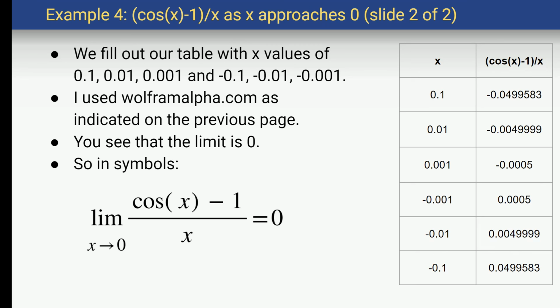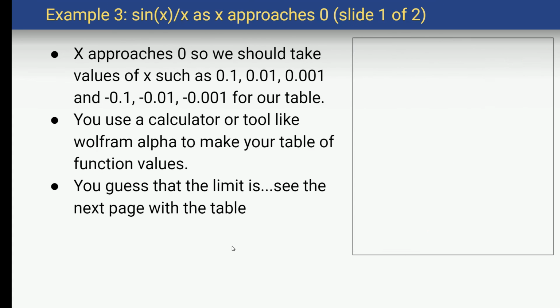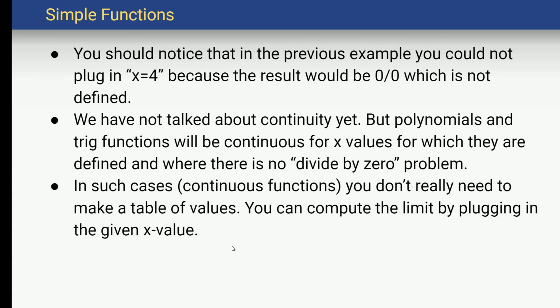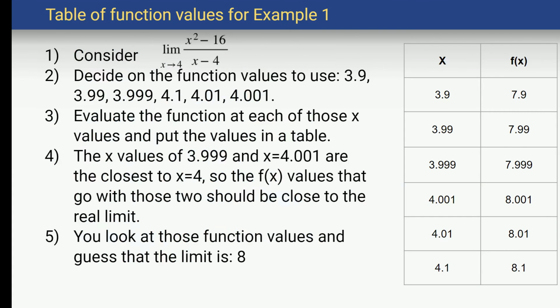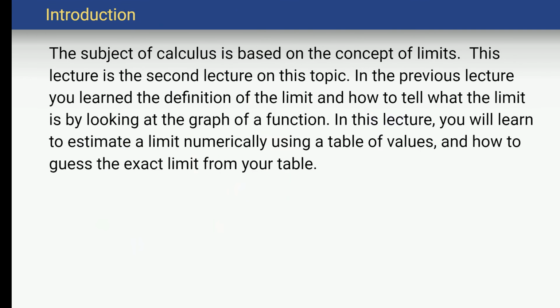You've just done some math to convince yourself that it's 0. That's why, if you go all the way back in the lecture to when I described this process, the language I used was we're going to guess the exact limit. We're not calculating the exact limit, we're guessing at what it is.